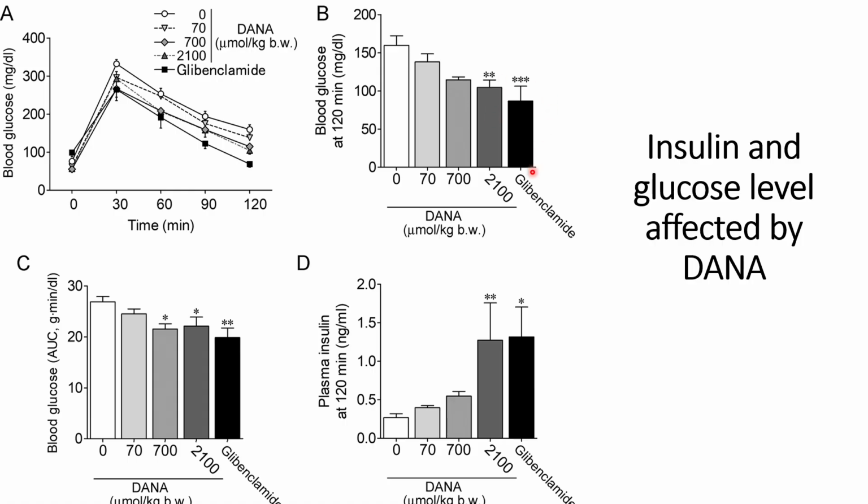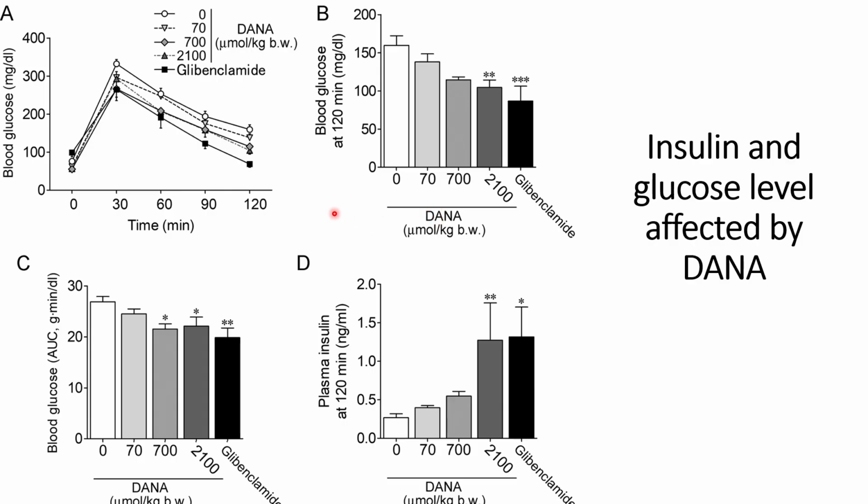With the positive control, glibenclamide, they also see a decrease in the glucose level, but the amount of glibenclamide is high, around 10 milligram per kg body weight. So after validating that there is a decrease in the glucose level with increase in the DANA, they are indirectly measuring that insulin levels might be increasing.